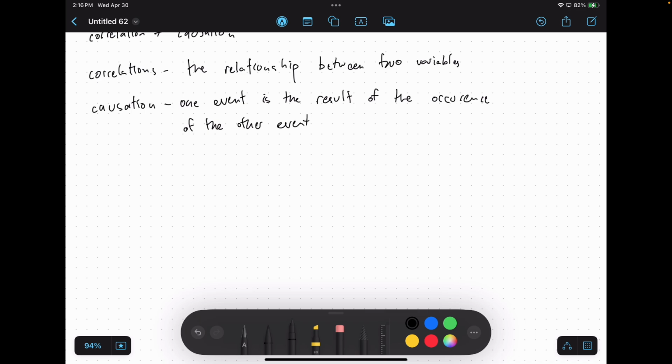I actually don't have this in my notes explicitly, so I'm not sure if I could write the exact definition, but there's something known as a data generating process.